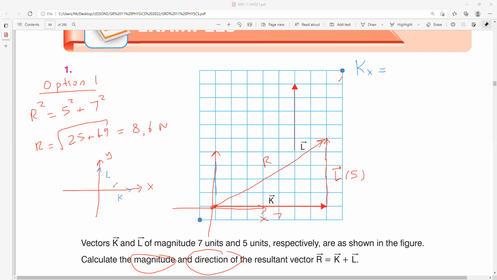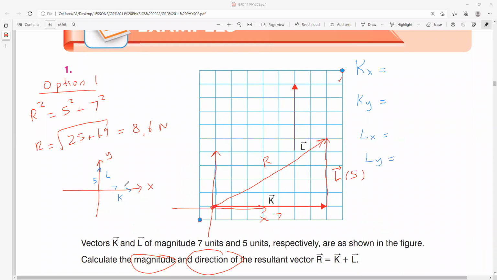The answer is this one, 7, and this one has 5. So Kx, what is Kx on chat? Can you please let me know? What is Kx? What is Ky? On horizontal, maths paper 2, I think you know that. Kx, Ky. And then we need Lx, Ly.